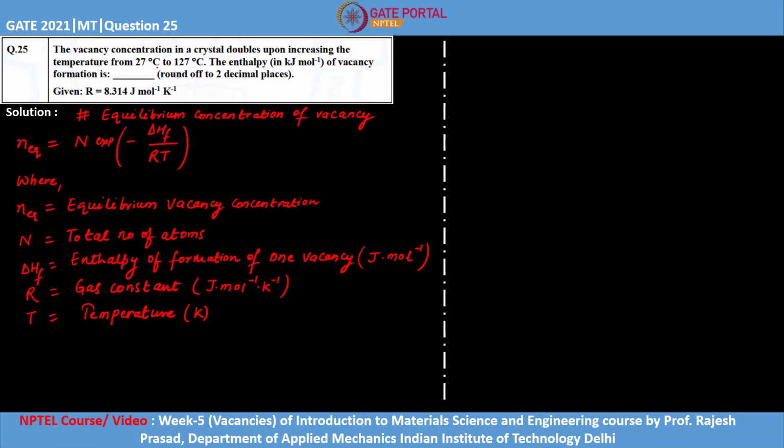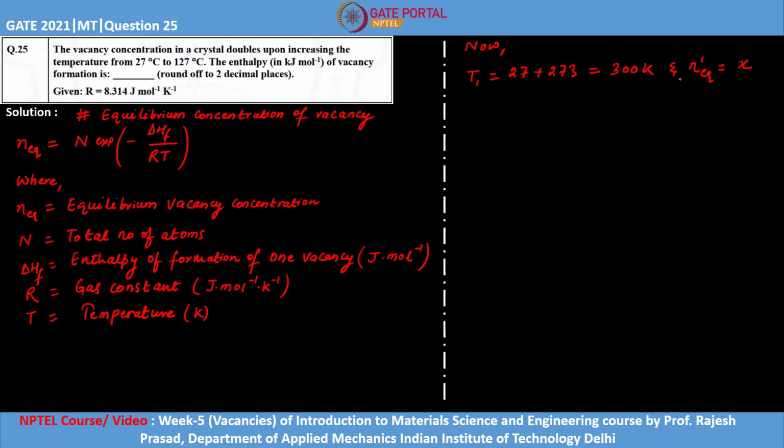since we have been given two temperature conditions, we will calculate the value of NEQ for both the temperatures in order to get the enthalpy. We have been given T1, the first temperature, 27 degrees Celsius, but in the formula it is in Kelvin, so we need to convert it into Kelvin by adding 273, which finally gives 300 Kelvin.